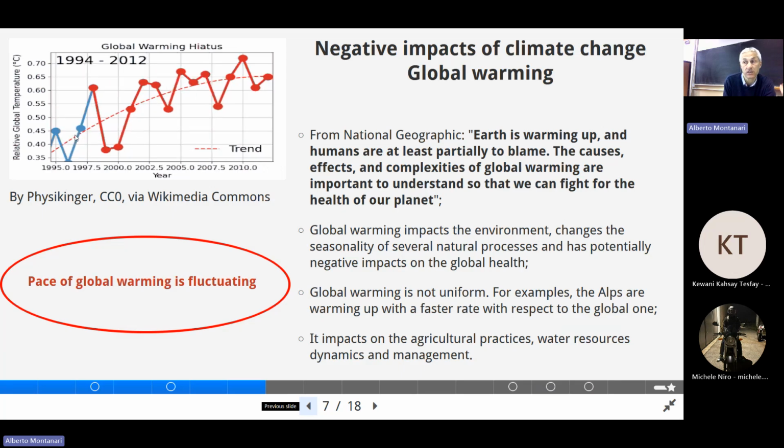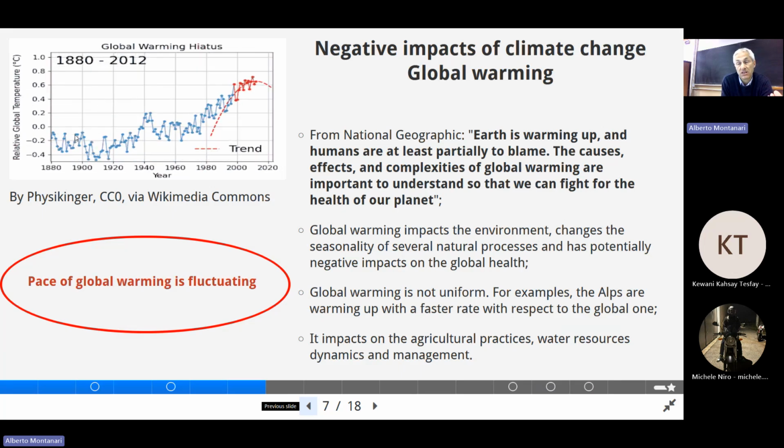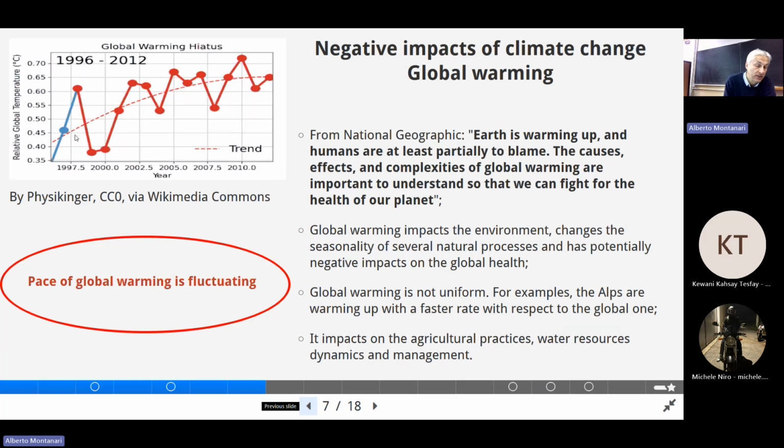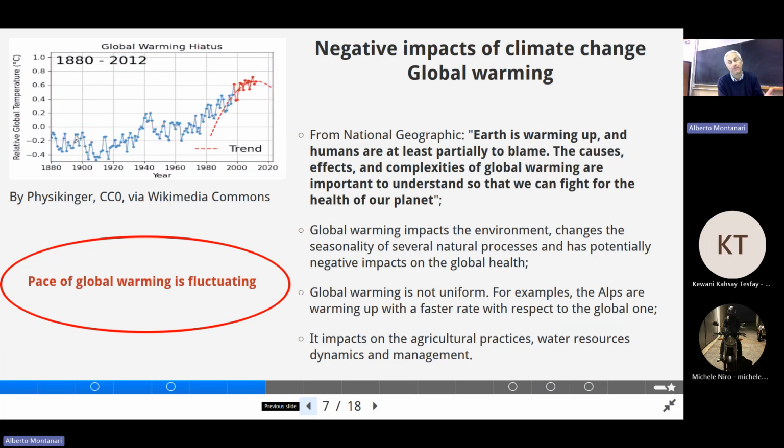The retreat of glaciers in general is something that occurred many times, and after the last glaciation, and we will talk also about the last glaciation, the last glaciations peaked about 11,000 years ago. And after the last glaciations, there was a retreat.